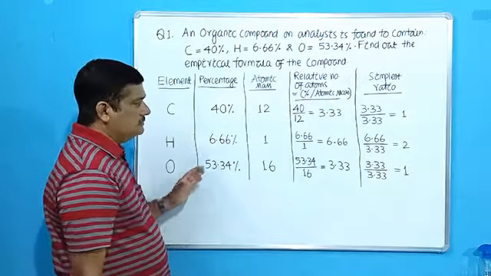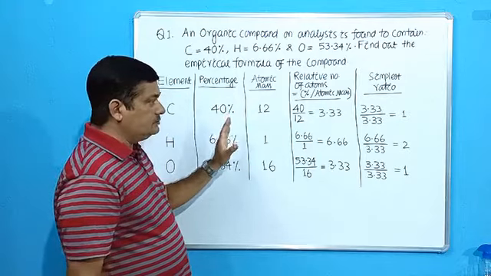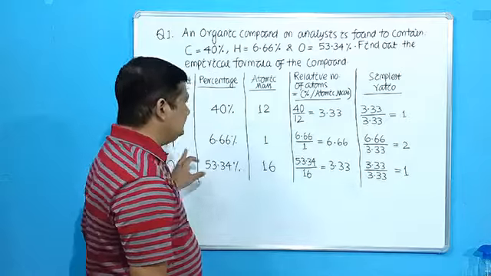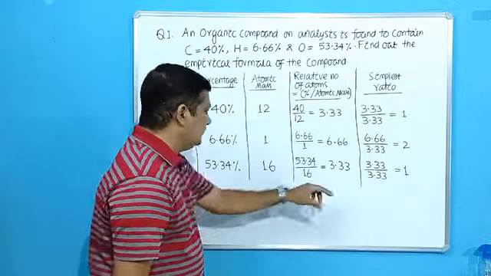So now we have found out the number of atoms to be present in the empirical formula. C1, H2 and O is 1.